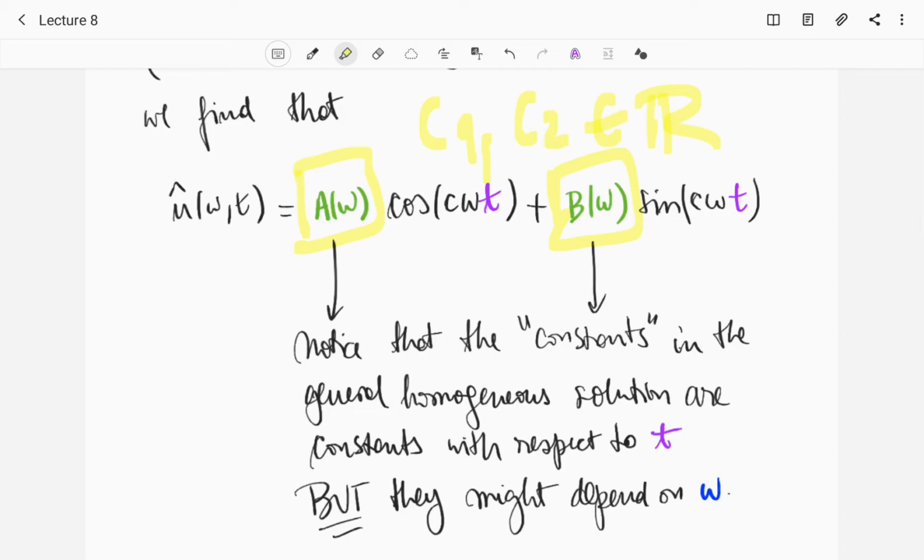But now we call them A omega, B omega, or C1 omega and C2 omega, no matter the name.